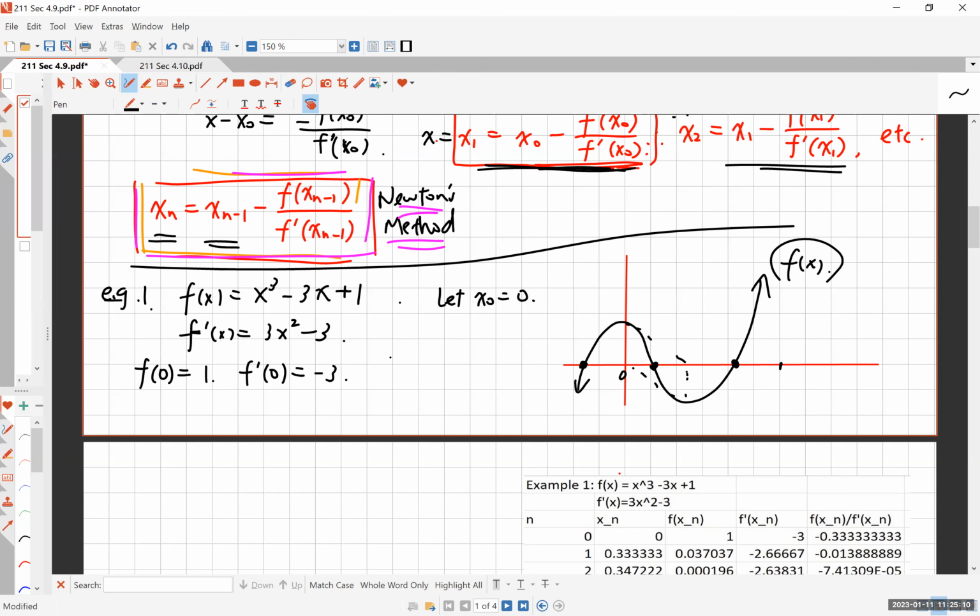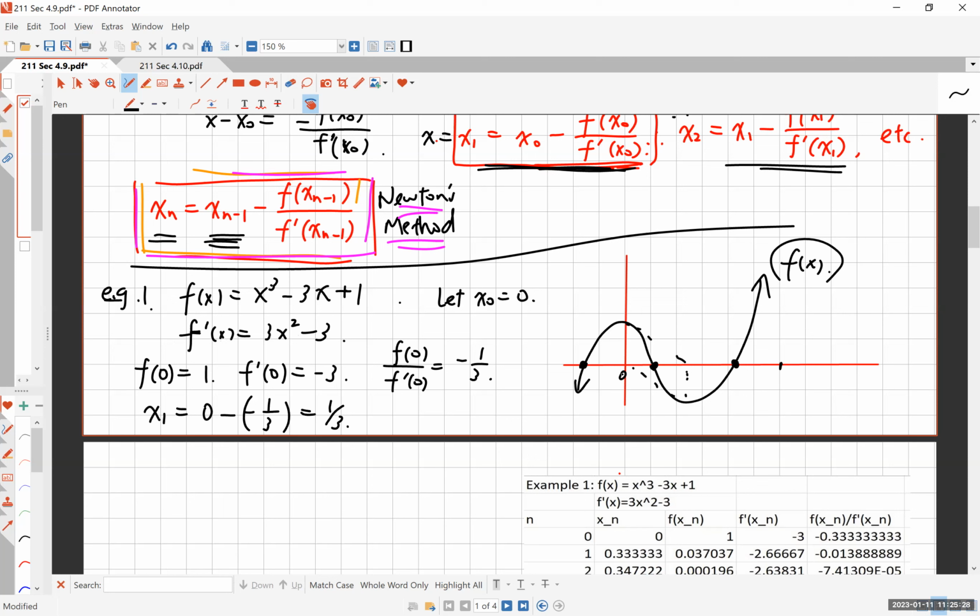And so this fraction, f of 0 divided by f prime of 0, is -1/3. So x1 is 0, which is x not, minus this number, which is -1/3.